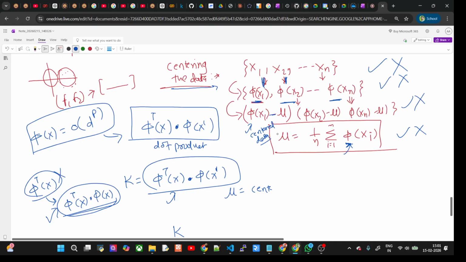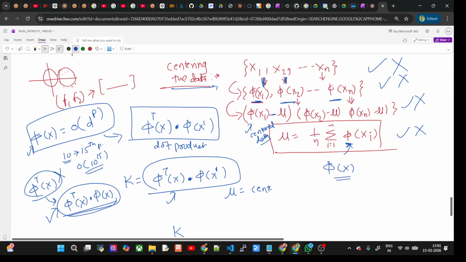So in the infinite, do you want to do all these infinity operations and calculations? The next point is that there is a phi function also, and we saw that this phi of x function has a complexity like I have mentioned: if you have 10 dimensions and you are trying to project the data to the 15th power, this will be 10 raised to 15.